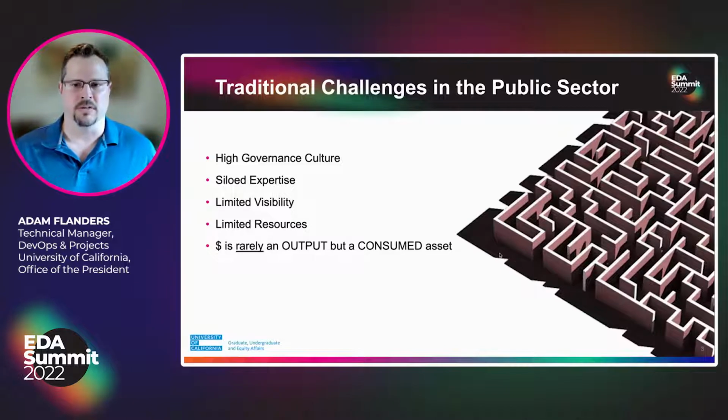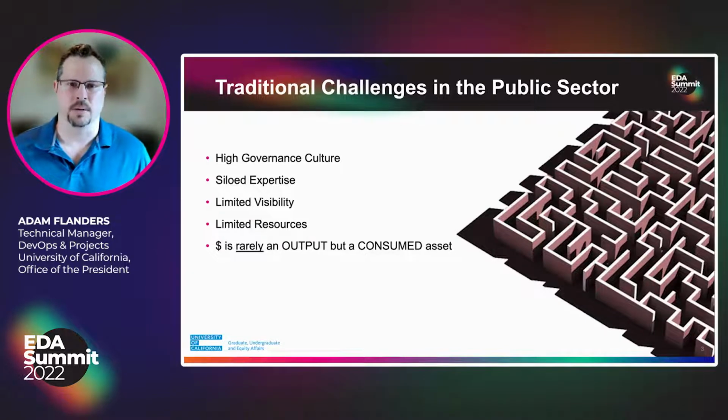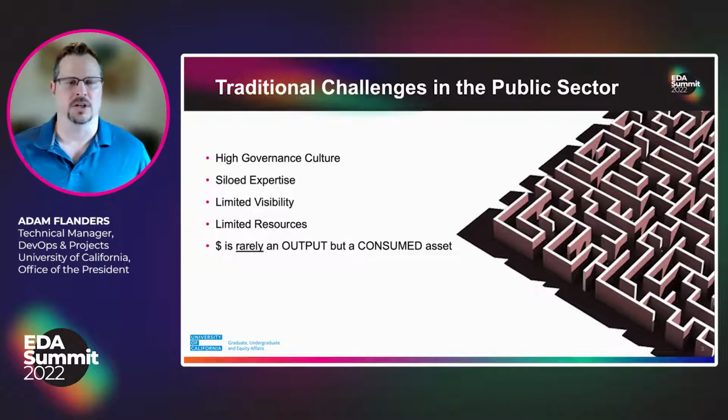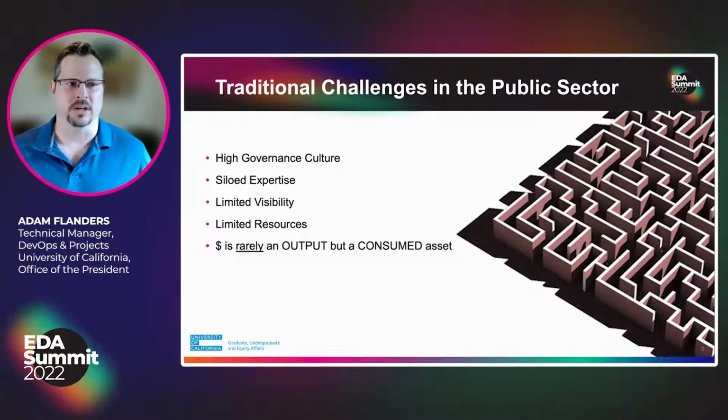So we are a public university funded by public dollars. That means that UC not only functions in the academic sector, but also the public sector as well. With that academic mission come additional public mandates, and those typically come with challenges that do apply to our organization.